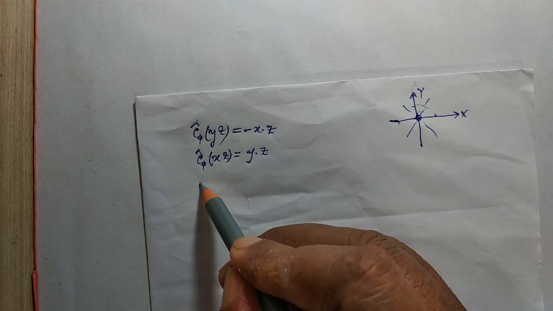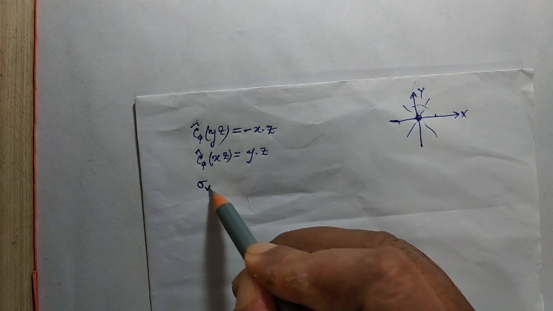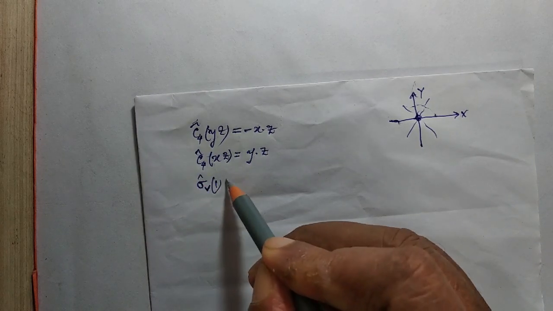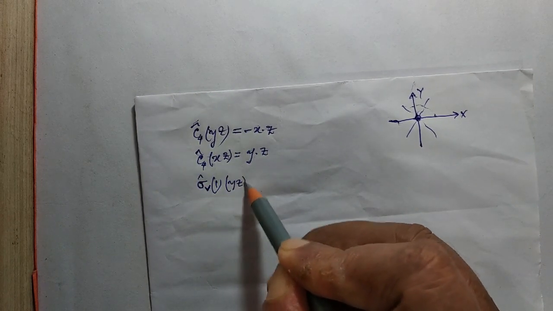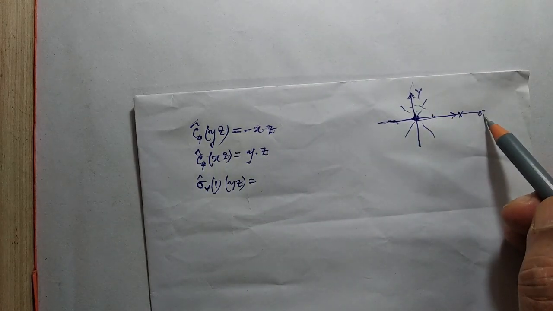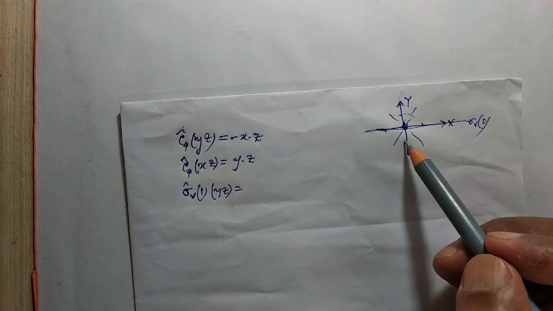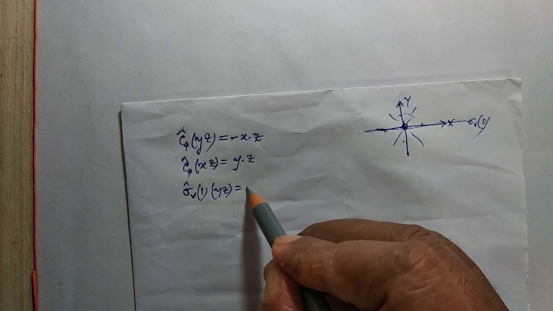Then examine the action of sigma V1 operator on yz. Sigma V1 is this plane. Y turns into minus y, z remains unchanged. We get minus yz.